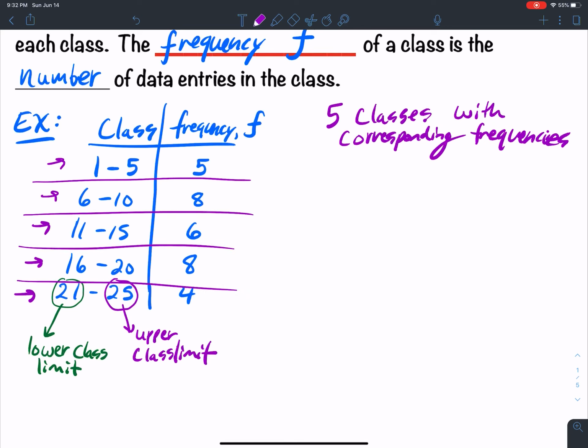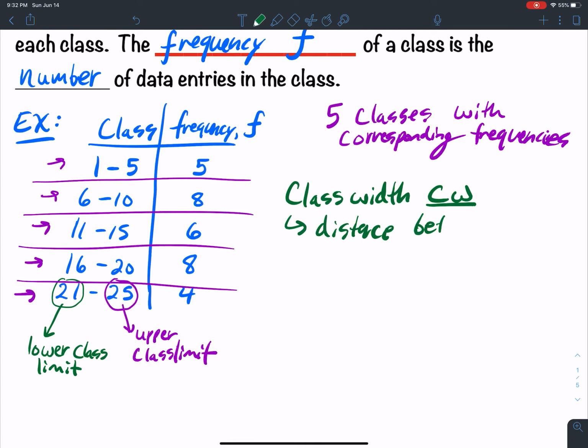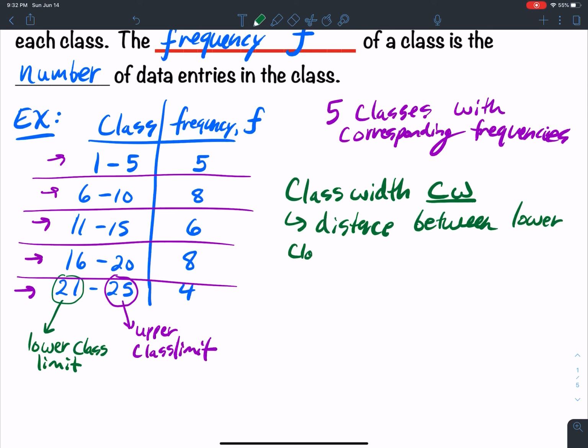So the class width, definition here. The class width we denote by CW. This is the distance between the lower class limits of consecutive classes.